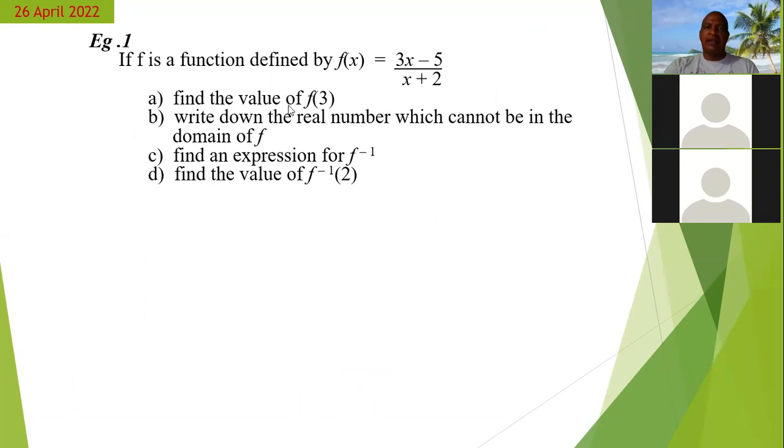It wants you to find the value of f of 3. You have to write down the real number which cannot be in the domain of x. Then you have to find an expression for f inverse of x, and then you have to calculate the value of f inverse of 2.